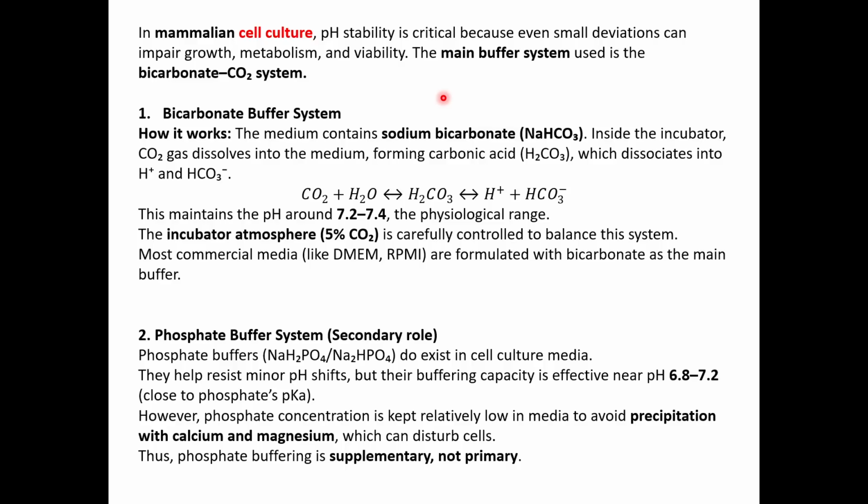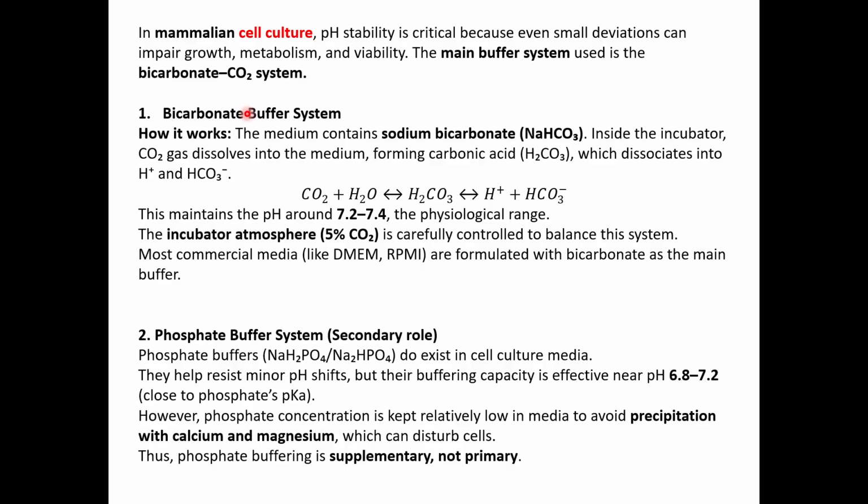So the non-CO2 incubators are basically used for microbial cultures or like mostly for bacteria, yeast, etc. Whereas CO2 system is used for the mammalian cell culture. So the bicarbonate from the medium and the CO2 pumped into the incubator, both together function as a buffer system for the cells.